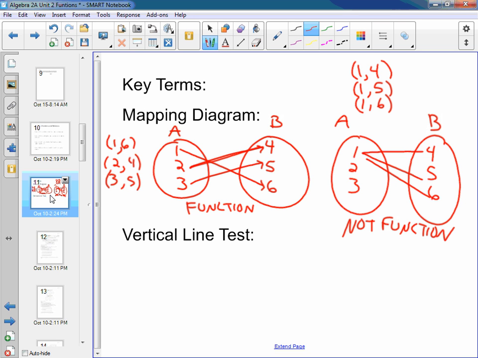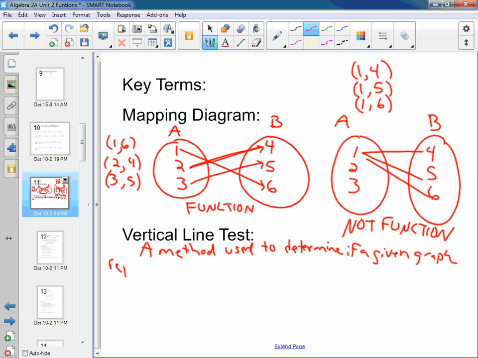Okay, so the vertical line test is just a method used to determine if a given graph represents a function. So here's the test.